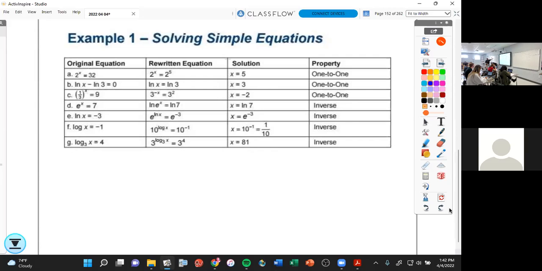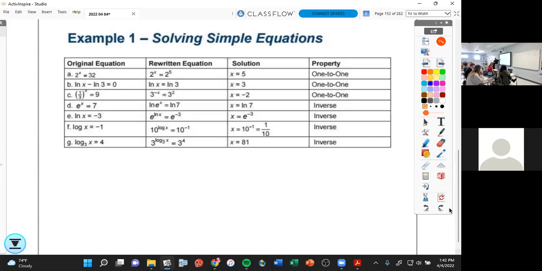Part D. So A, B, and C were all converted to one-to-one. D through G are all inverse properties. On letter D, e to the x power, my variable is an exponent. Therefore, this is exponential. What is the base of e to the x? E. So to get rid of that e, I'm going to take the natural log of both sides.